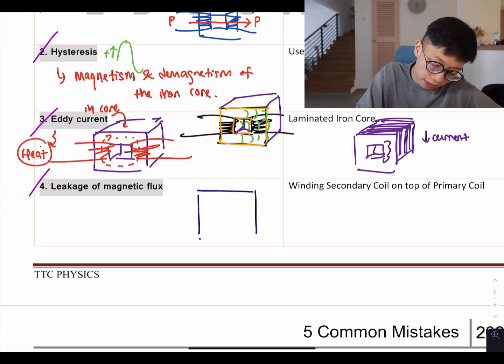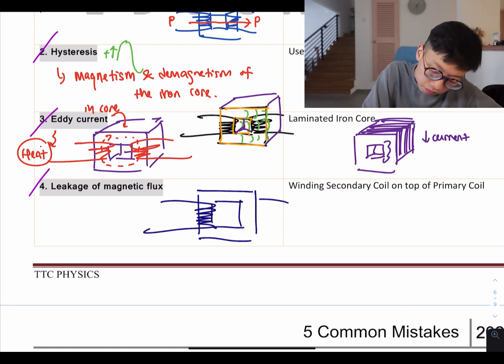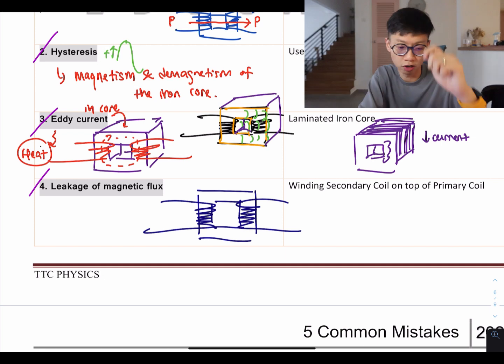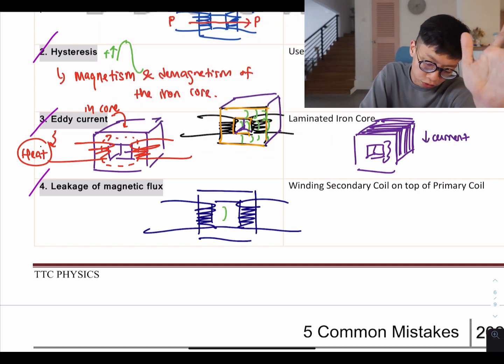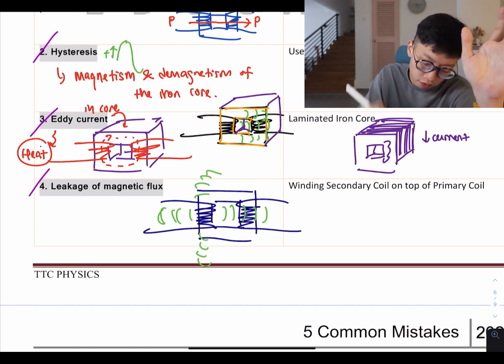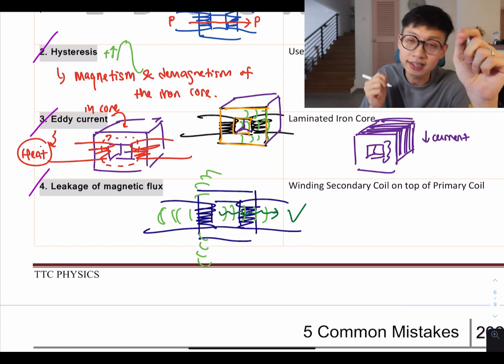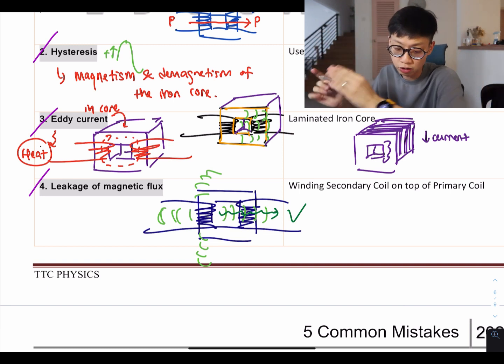Now, how does leakage of magnetic flux work? If I have a coil here, and I want to cut through the secondary coil, magnetic flux is produced in 360 degrees. So we see this magnetic field gets cutting because it goes to the secondary coil.